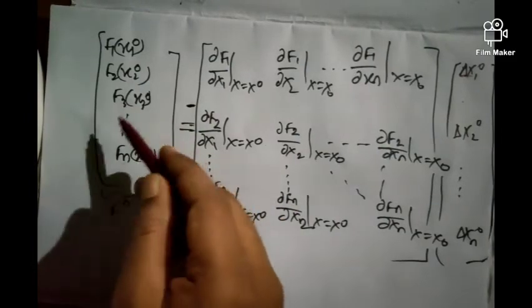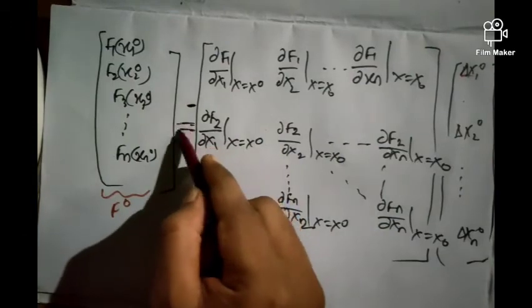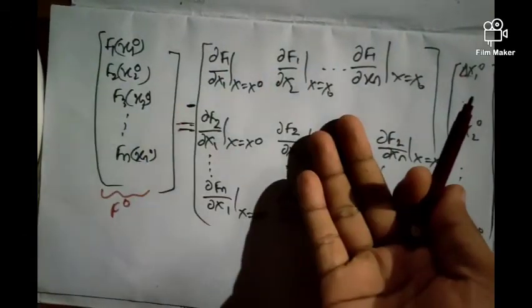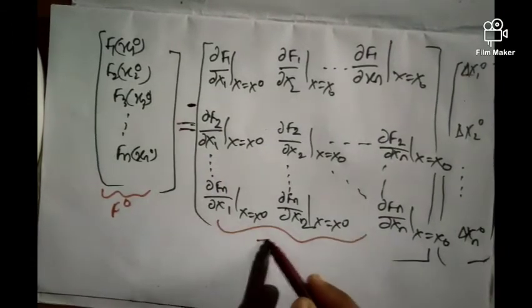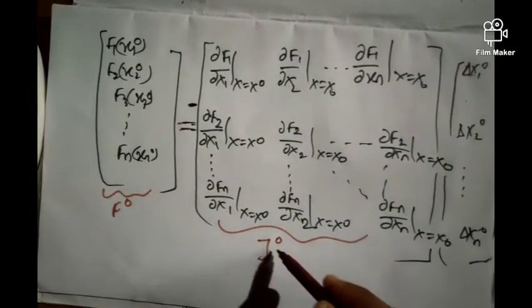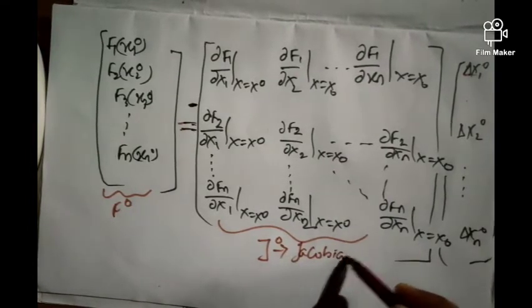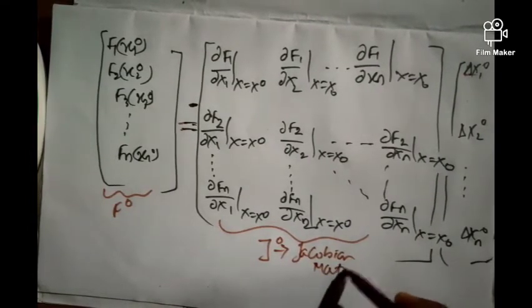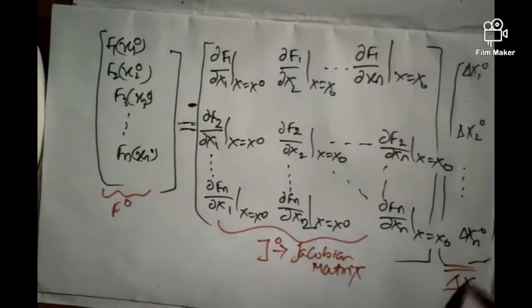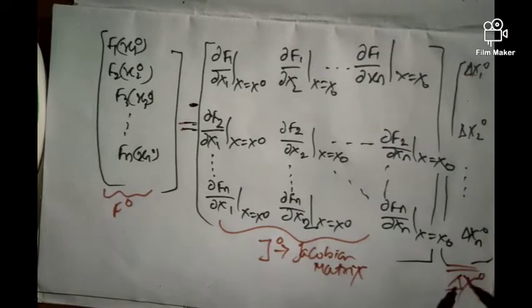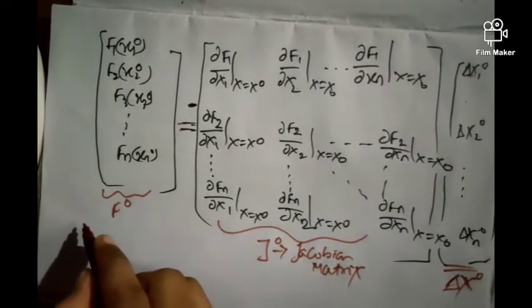This matrix is our J0, which is called the Jacobian matrix, and this is our correction value.